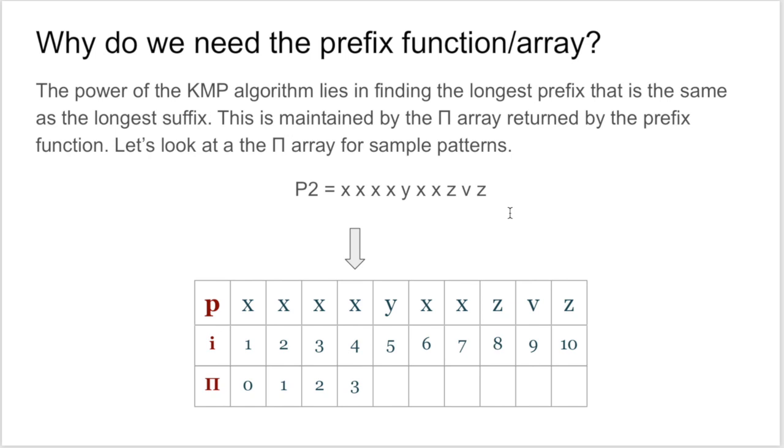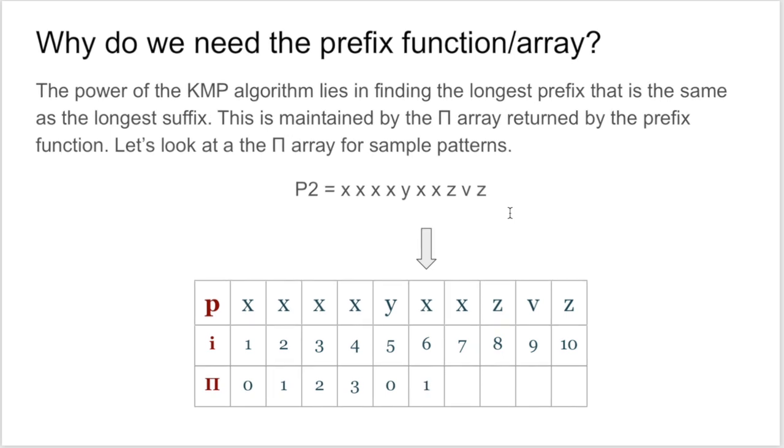Hence I would set the fourth index of the prefix function to 3. In this case, when I look at the new substring, I can see that there is no match, and hence I need to start over by updating the prefix value at index 5 to 0.